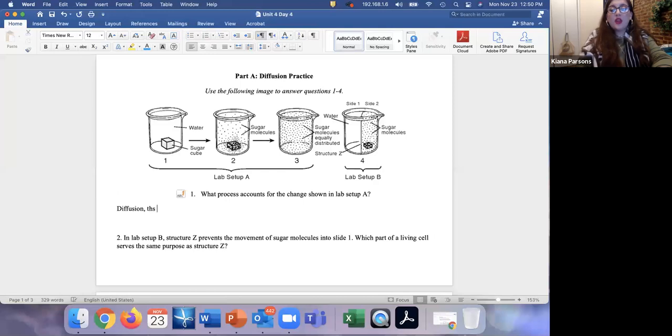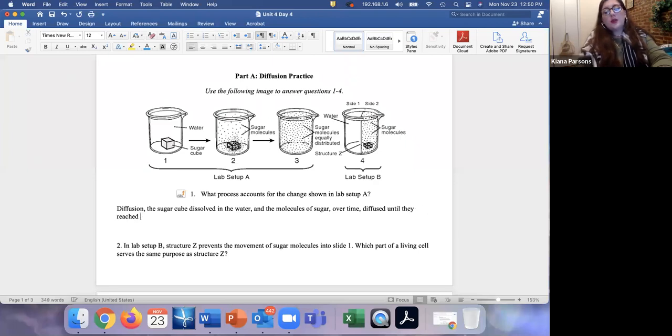Diffusion. The sugar cube dissolved in the water, and the molecules of sugar over time diffused until they reached equilibrium within the beaker, and a sugar water solution was created.